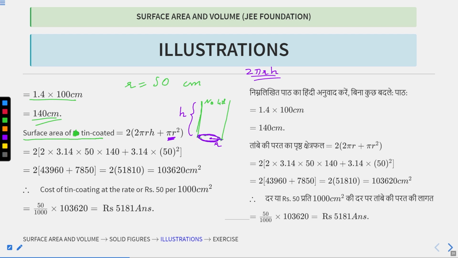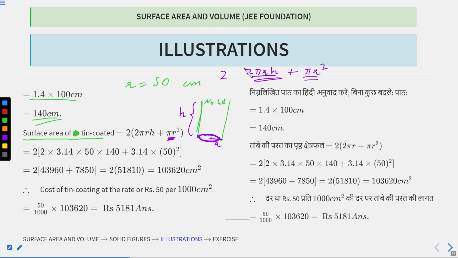So this is a circular part and the area for this is pi r square. Okay, now all clear. I covered the outer part of the cylinder and the outer circular part. Now what about the inside of the cylinder? I also have to cover the inside of the cylinder. So for the inside of the cylinder I'll be repeating these two calculations again.